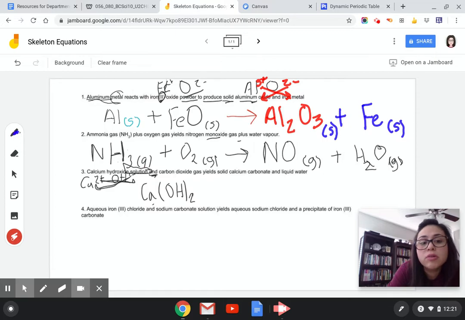So it's not going to be S because S is the abbreviation for solid. So we're going to write AQ. And then we have the word and. So that's where we're going to put the plus sign.